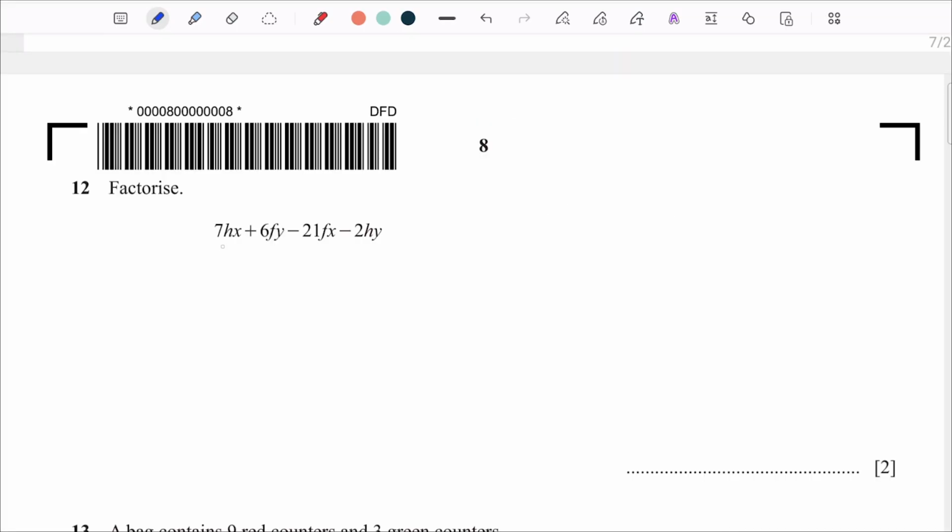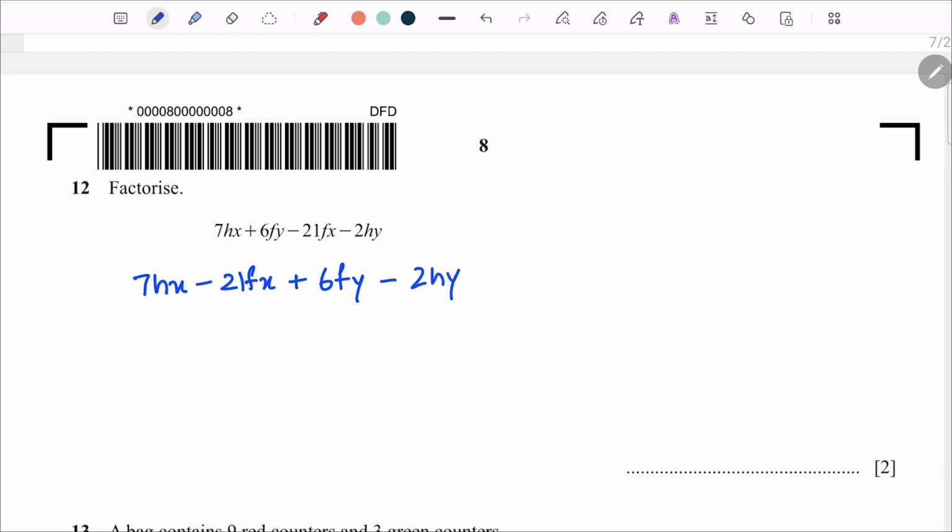Question 12 is factorize 7hx plus 6fy minus 21fx minus 2hy. So first what I'm going to do is rearrange this entire equation so that the terms that are divisible by a common number will be together. So here 7 and 21, both of them are divisible by 7, so I'll put them together, and 2 and 6 are divisible by 2, so they'll be put together. 7hx minus 21fx plus 6fy minus 2hy.